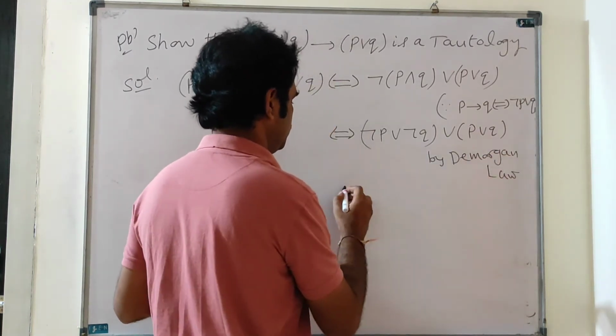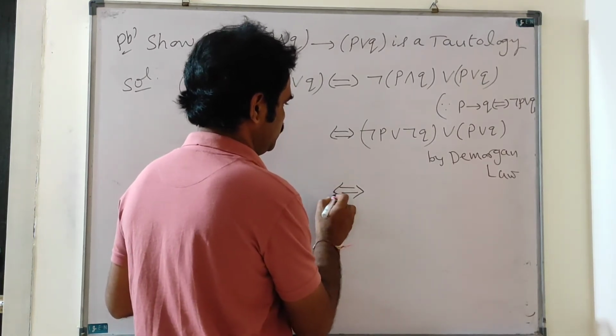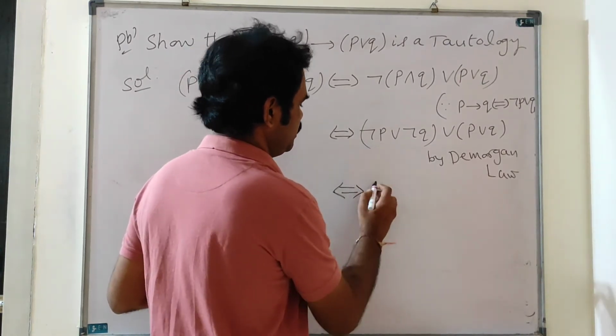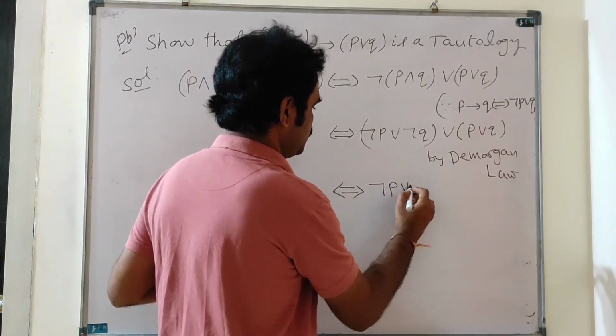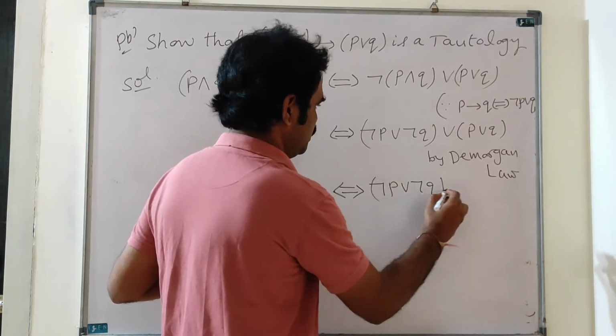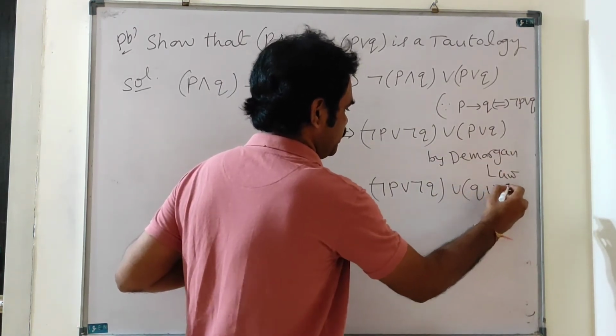Okay, this is equivalent to negation P or negation Q, or P or Q, which can be written as Q or P by commutative law.